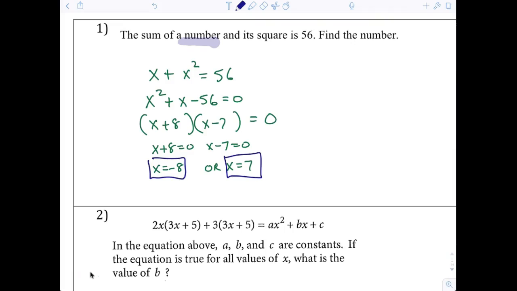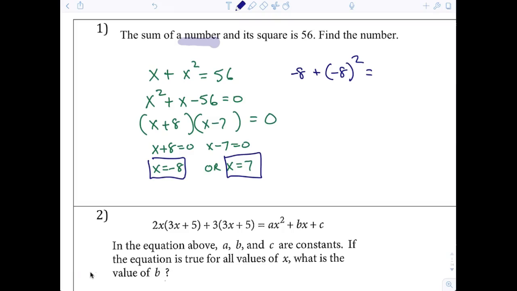7. Now on these, it's easy to check, and I normally don't check, but I'm going to show you something just to make sure. If I do negative 8 plus negative 8 squared, what do you think that equals? 56.